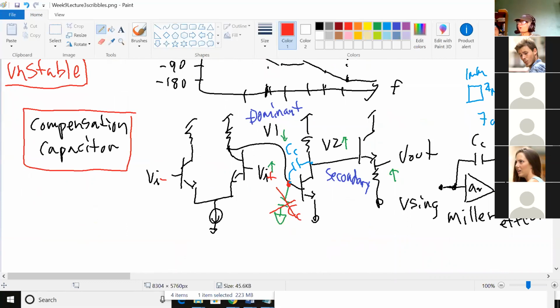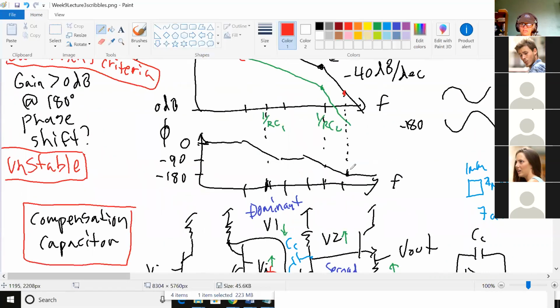And Barkhausen's only matters when you're talking about feedback. So everything we talked about today is about feedback. You don't care about this if you're not using feedback, because you're not sending a signal back to your input and messing up your amplifier. If you're not sending a signal back, you don't care about Barkhausen's at all.